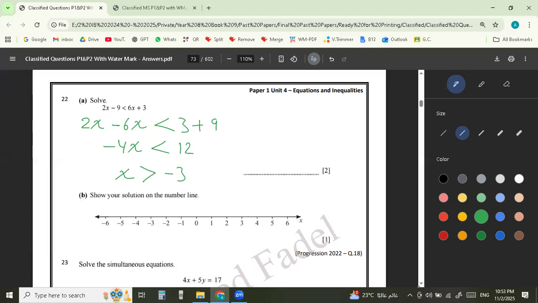Send the negative 4 there, division. So 12 divided by negative 4 is going to be negative 3. But Mr., you said if we multiply or divide by negative, we switch the inequality. So x is greater than negative 3.